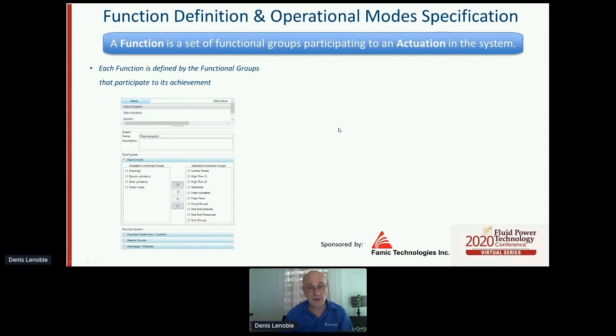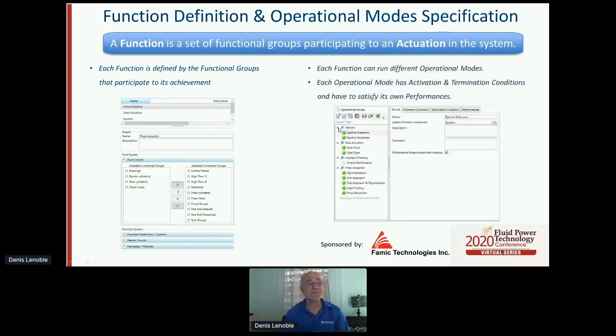Now, when we have a function, we have to define the different operation modes for which it runs. So, for example, let's figure the ejection: eject the haystack.